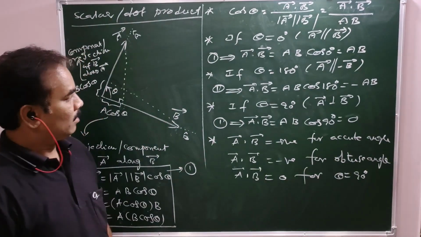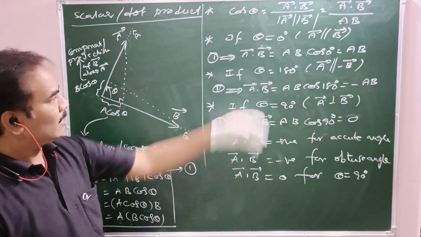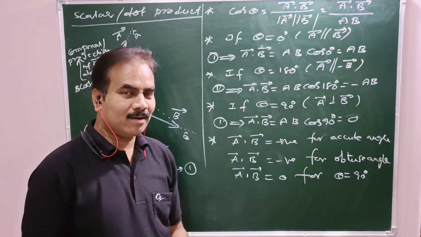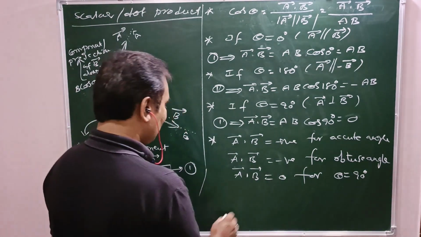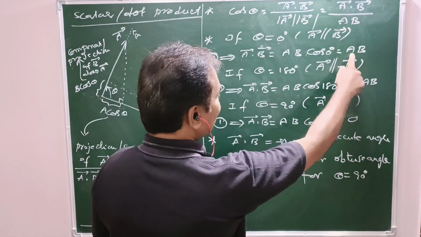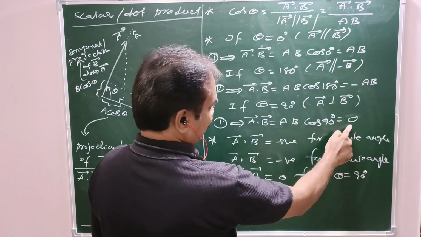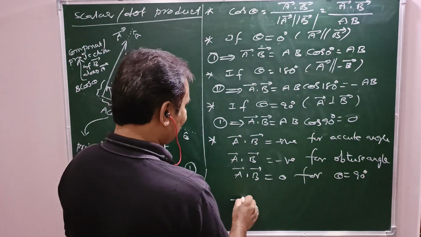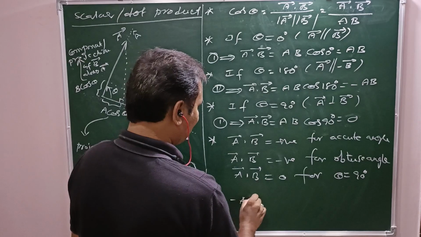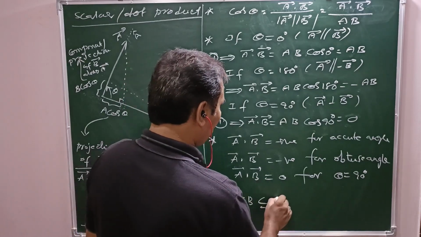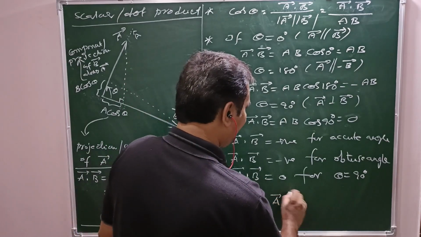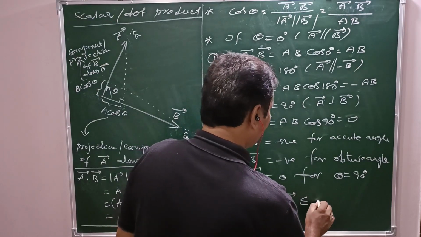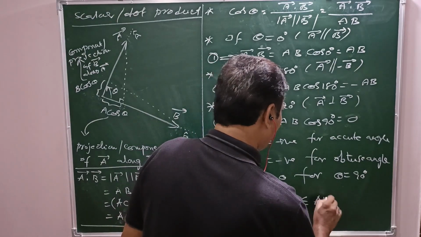On clubbing all the three, what is the range of the dot product of two vectors? The maximum value is plus ab, the minimum value is minus ab, and in between is 0. Therefore, minus ab is less than or equal to a bar dot b bar, which is less than or equal to plus ab, right?